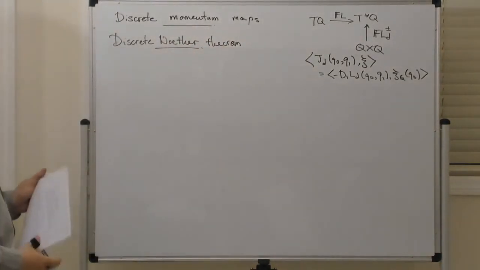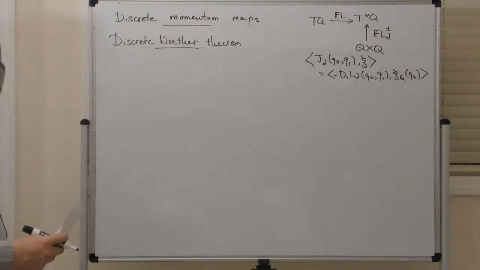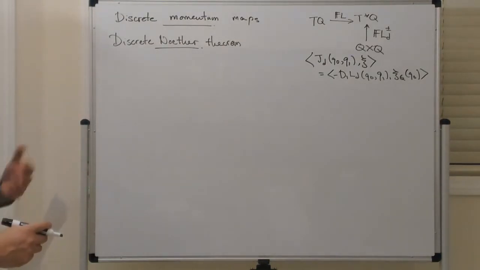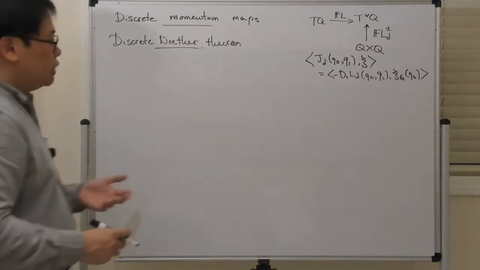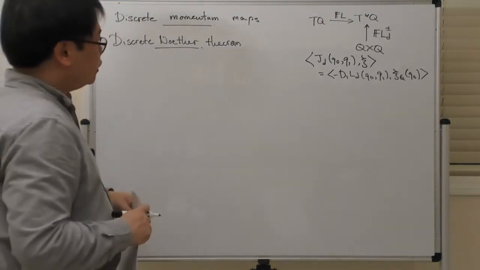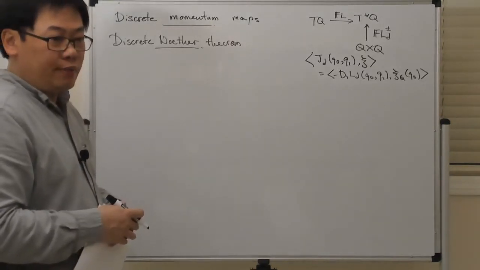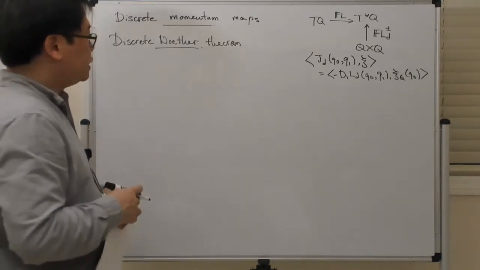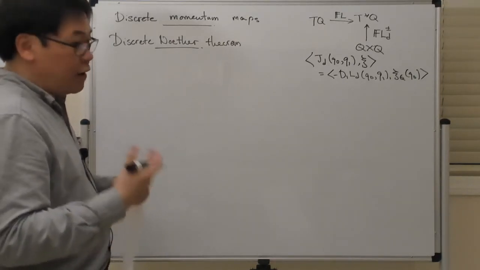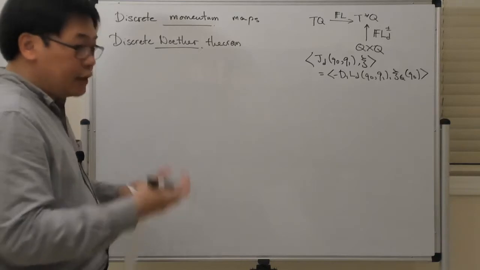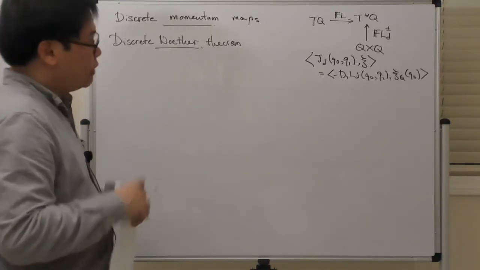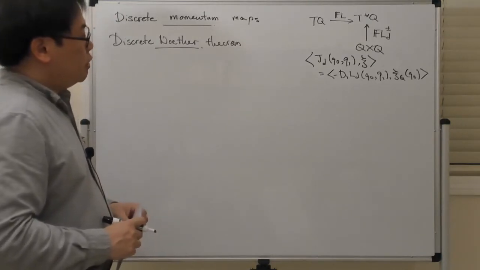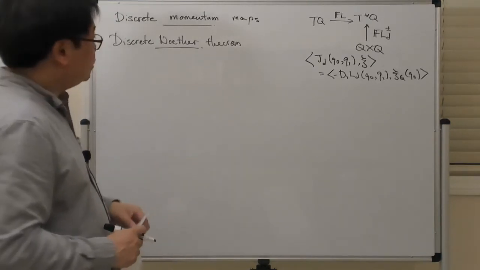If you recall the continuous Noether theorem, it says that if the Lagrangian is invariant under the tangent lifted action of the group on the configuration manifold, then the Lagrangian momentum map is preserved by the flow of the Euler-Lagrange equations, or on the Hamiltonian side, if the Hamiltonian is invariant under the cotangent lifted action of the group on the configuration manifold, then the cotangent bundle momentum map is preserved by the flow of Hamilton's equations.